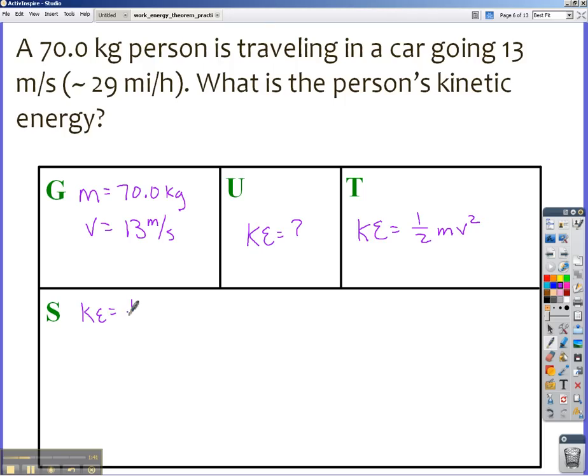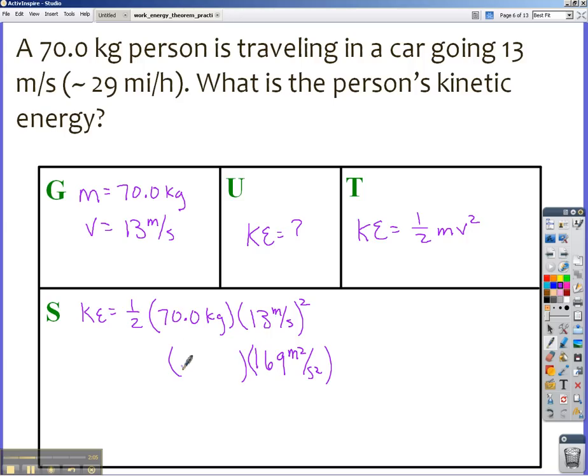KE equals 1/2 the mass, which is 70.0 kilograms, and the velocity 13 meters per second, and then the whole thing squared. So from here, it's using your calculator. 13 squared is 169, and then it's meters squared per second squared.